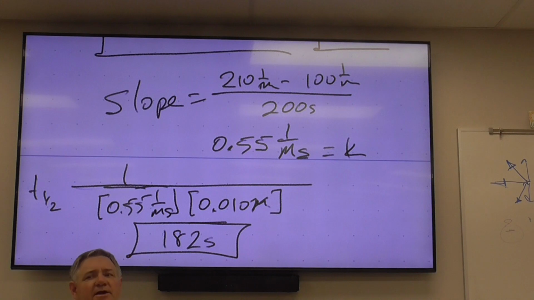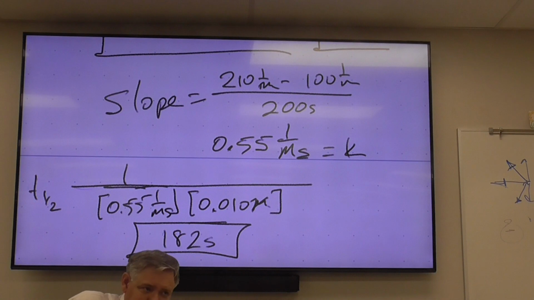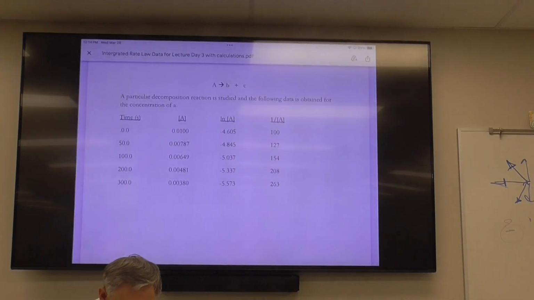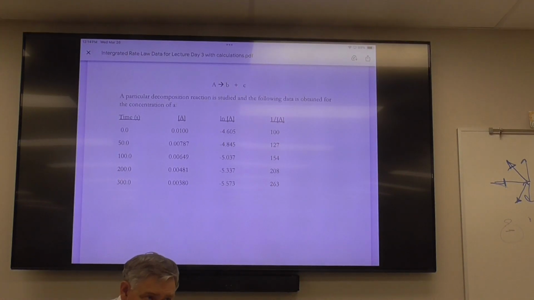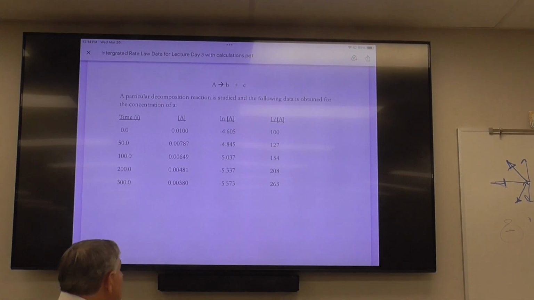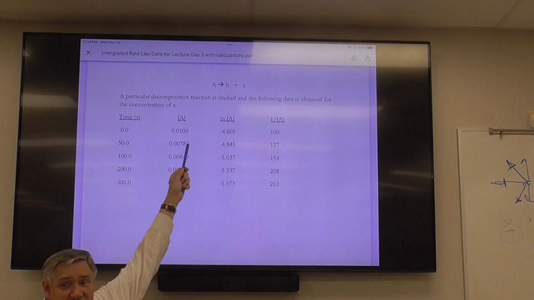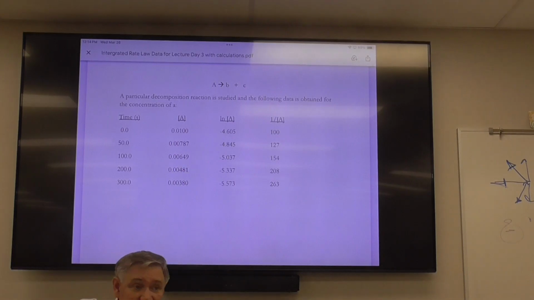Now, here's the beauty of this. You said it was 182 seconds. Because you're going to have all of this data, look at this. You're starting off with an initial concentration of 0.01.